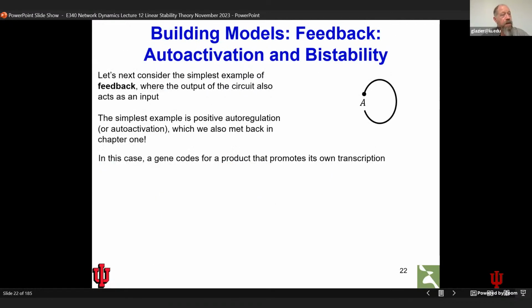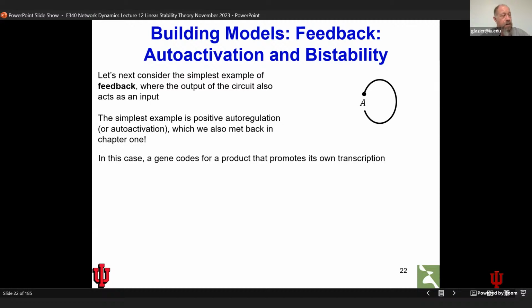And so now let's come back to the example that we did a couple of weeks ago, which was auto-activation. And this is really, I think, the nicest simple example for bifurcations. And we actually did do the bifurcation plots in class, although we did them before we really talked about what they meant.